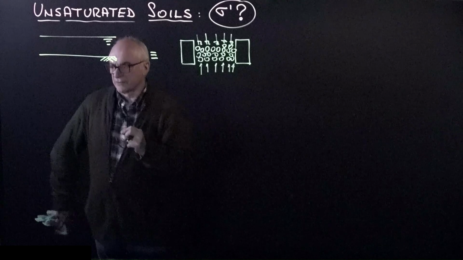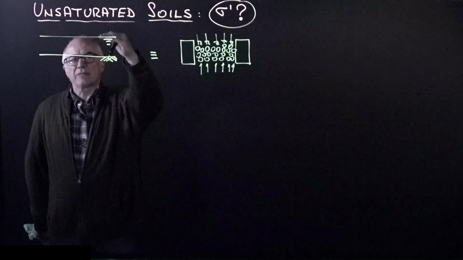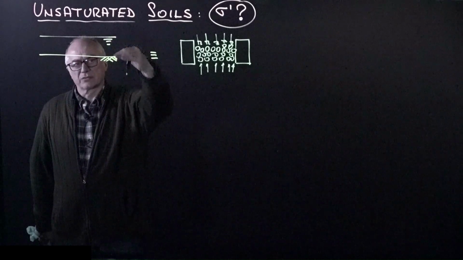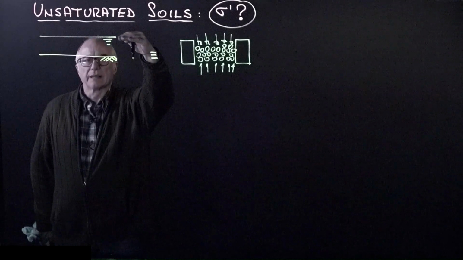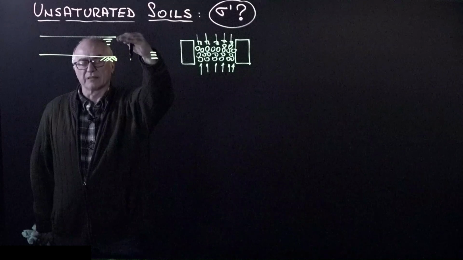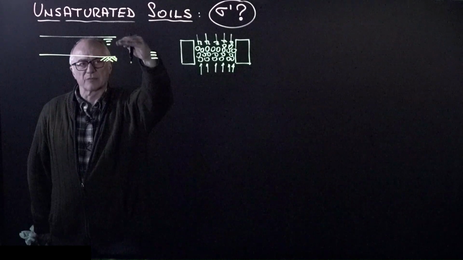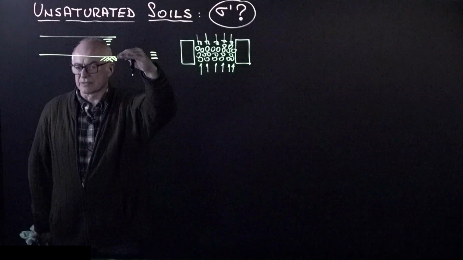Let's consider the following case. We have a soil that is totally saturated. The water table is above the soil, and then the water begins evaporating, so the water level begins falling until it reaches the soil.